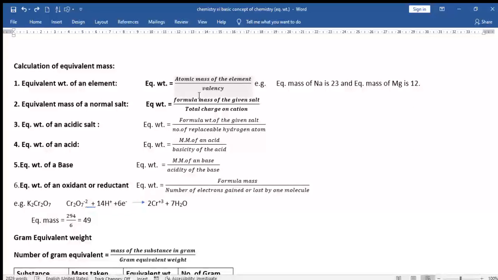Sodium has atomic mass 23 and valency 1, so it has equivalent mass 23. Next is magnesium. Magnesium has atomic mass 24 and valency 2, so the equivalent mass of magnesium is 12.